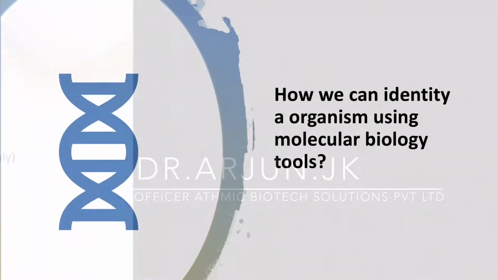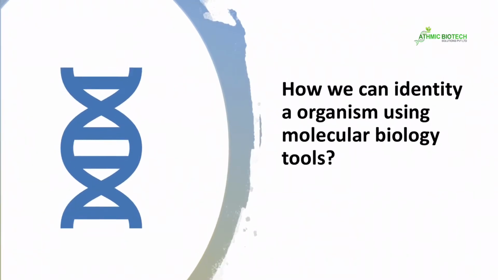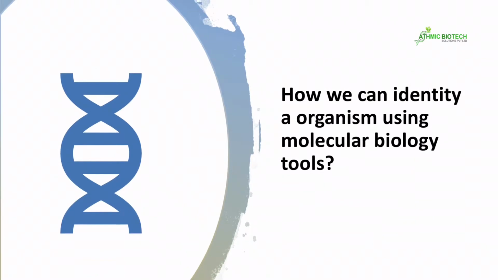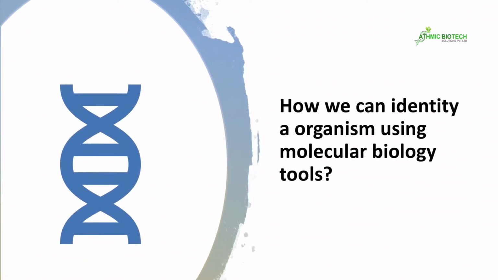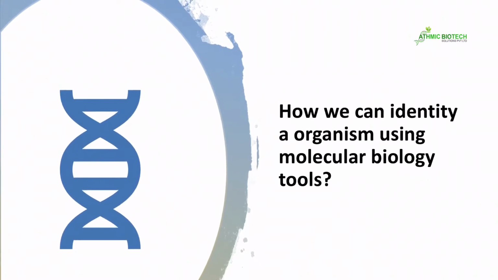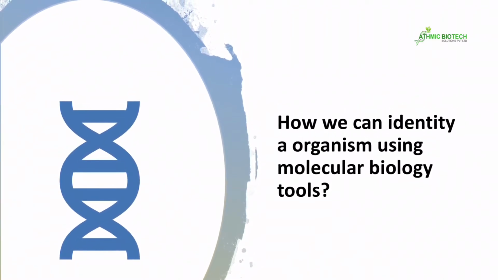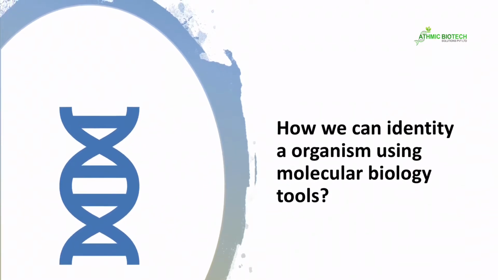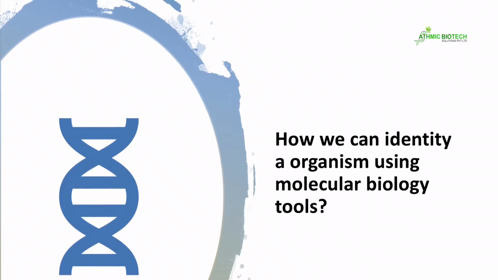I am going to discuss one of the applications of PCR: molecular identification of organisms using polymerase chain reaction and Sanger sequencing. How can we identify an organism at the molecular level? Molecular identification is more precise and accurate compared to other conventional methods.